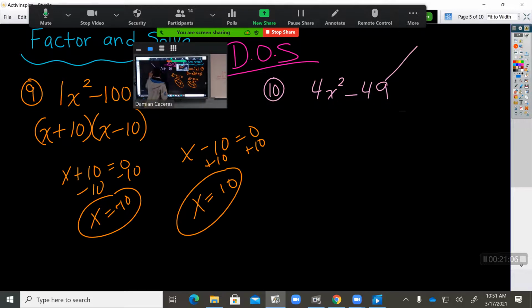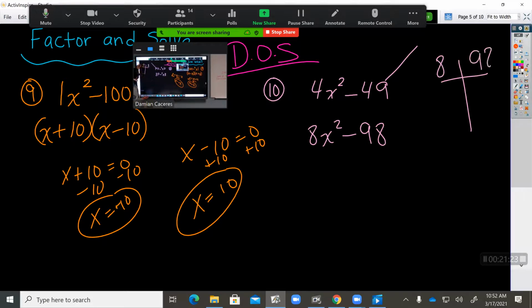So let's say this problem is actually 8x squared minus 98. Right? So 8 and 98, do they have a common factor? The only way to find out is to do a t-chart, put both numbers, and break down the small one.